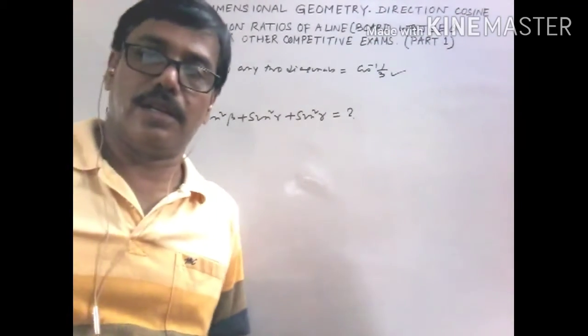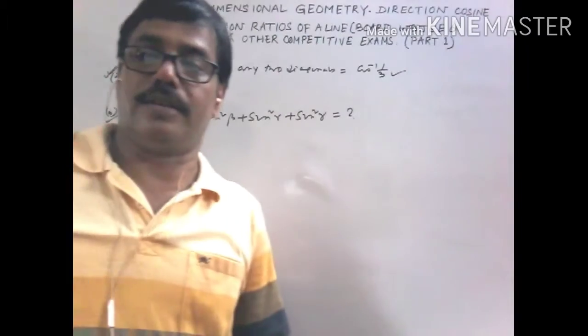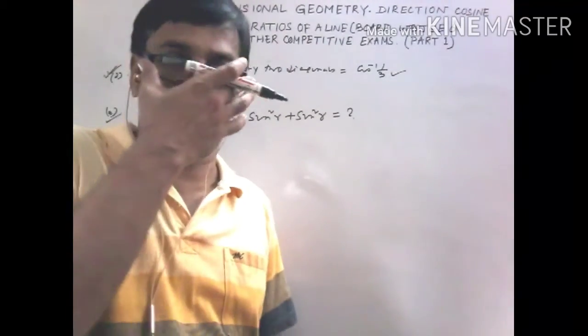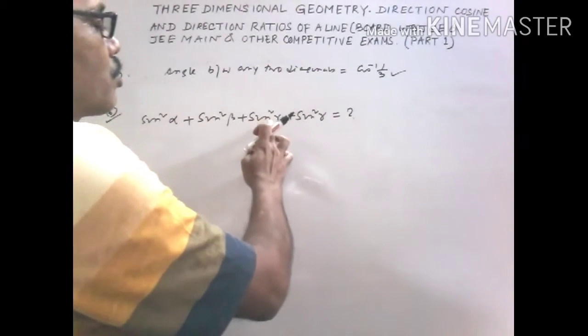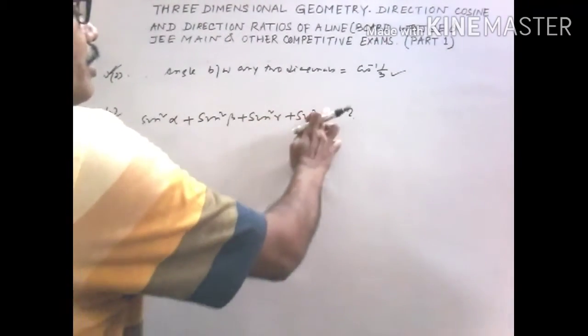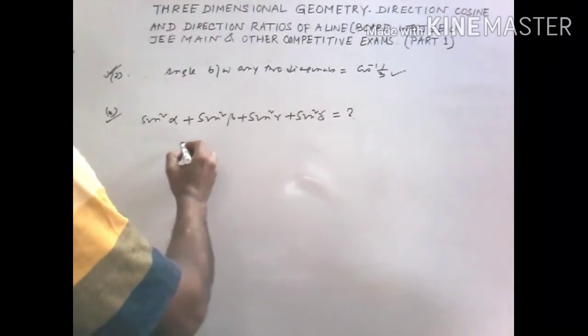Now problem number 3. Alpha, beta, gamma, delta are the angles made by a line with the 4 diagonals of a cube. Then what is the value of sin square alpha plus sin square beta plus sin square gamma plus sin square delta?